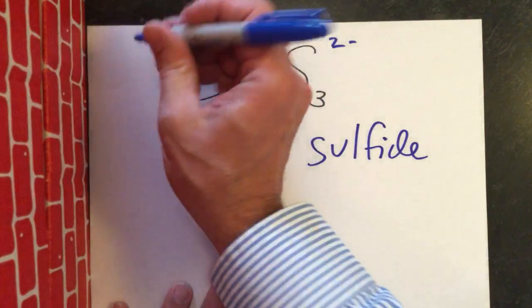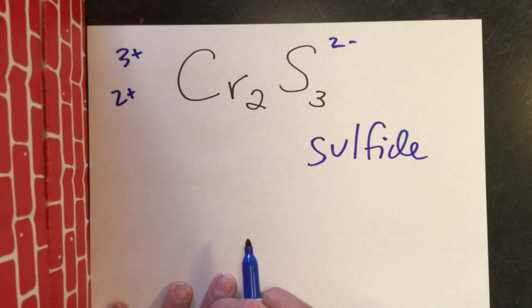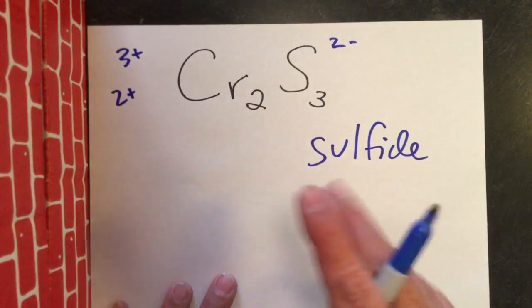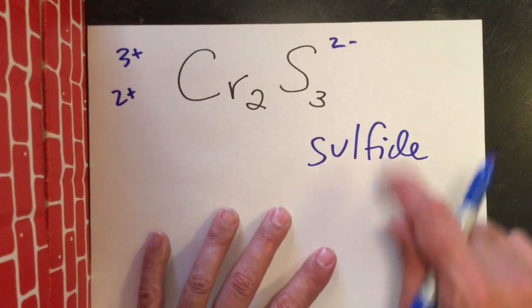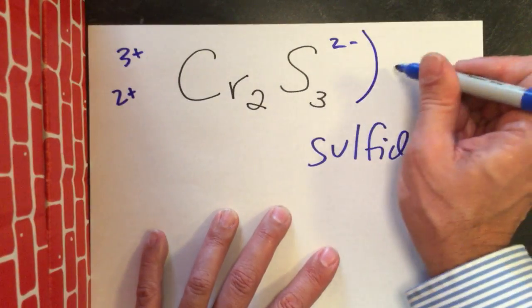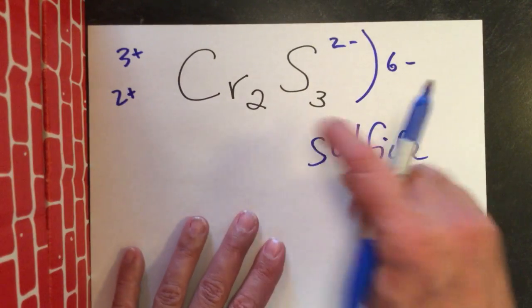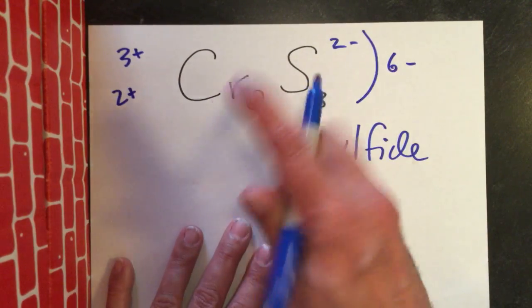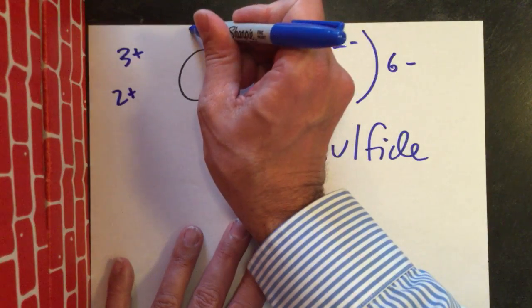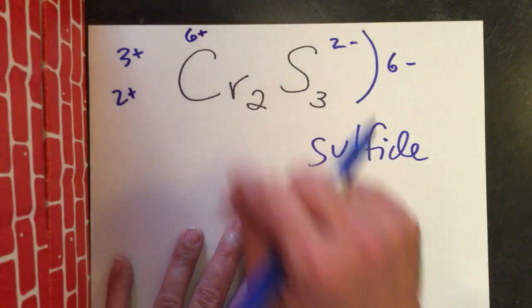And remember, here's what I'm looking for. Is it the 3+ or is it the 2+ chromium? There are 2 ways I can do this. I could say, each S is 2-, and there's 3 of them, so I've got a little 6- going on here. Then that means this side has to be 6+ to balance out the 6-.